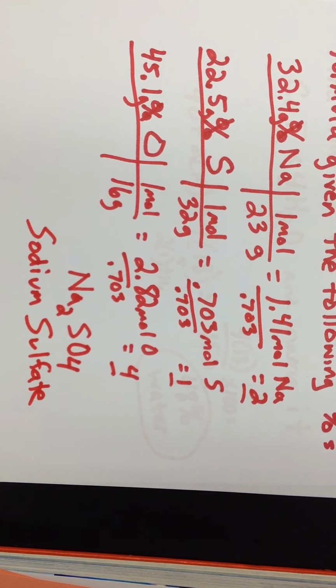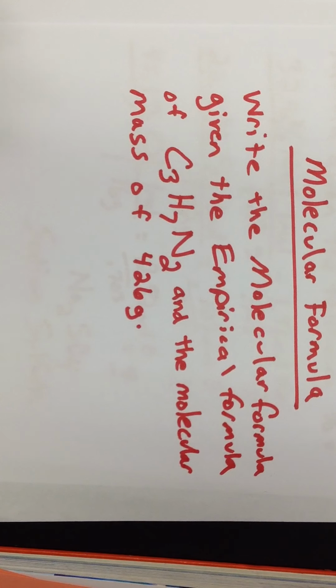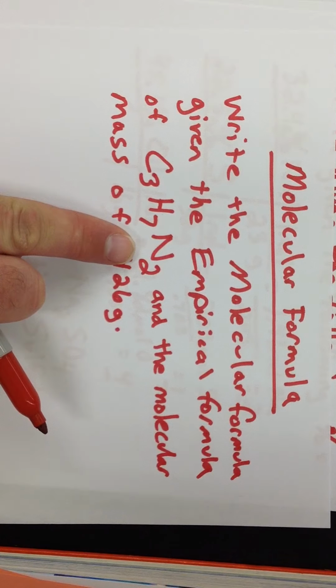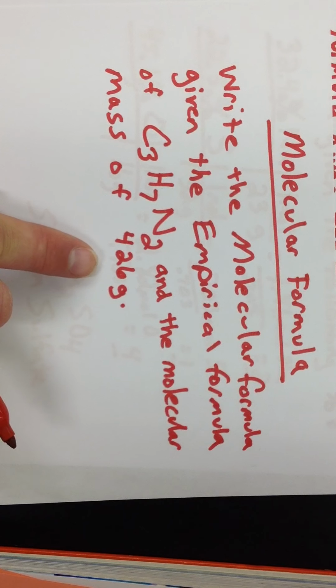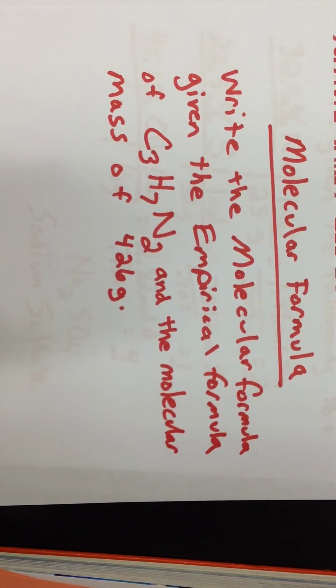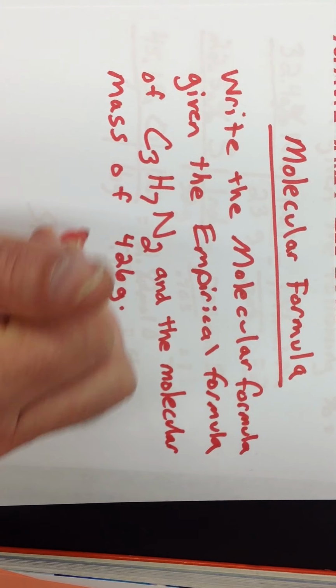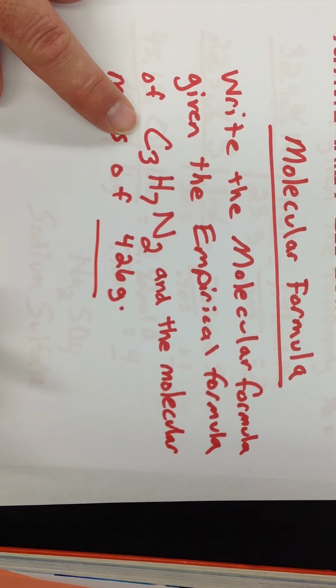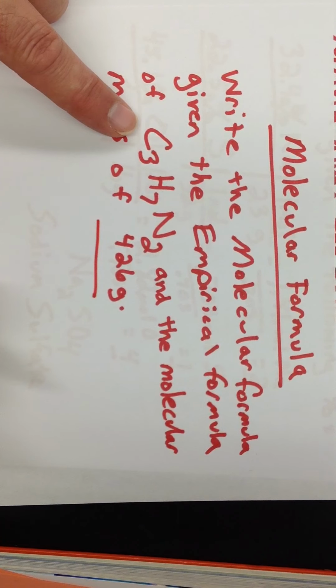The last type of problem we're going to work this week is molecular formula. Write the molecular formula given the empirical formula. So what we just calculated, we just solved for. So we've got the empirical formula here, and now you have the molar mass. Watch how easy this is going to be to calculate. All we're going to do is find the molar mass of the empirical formula.